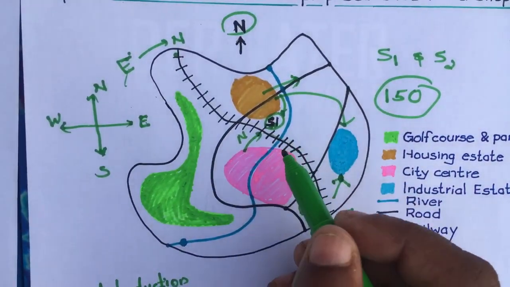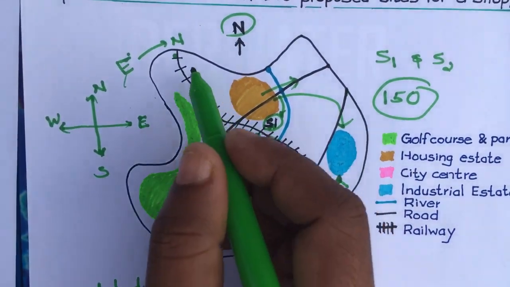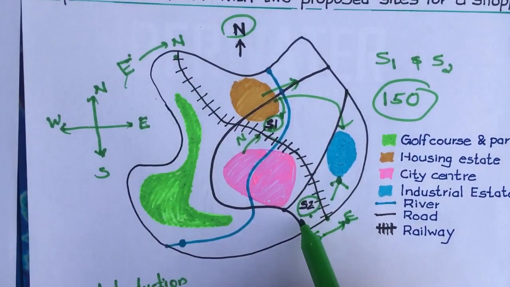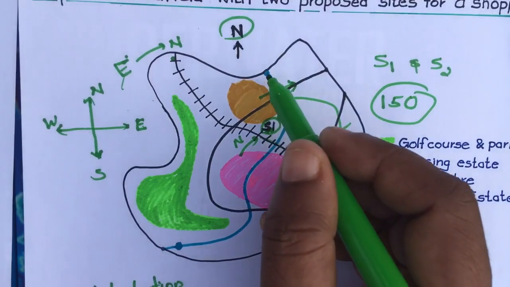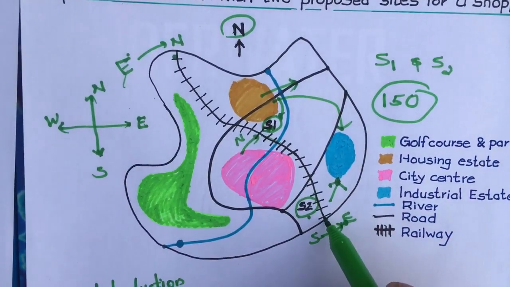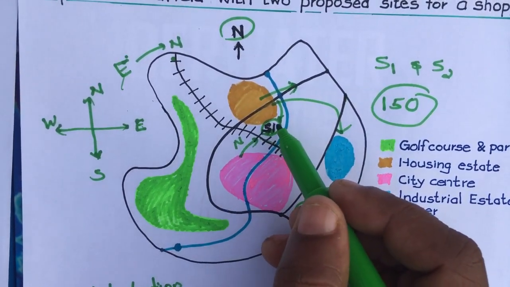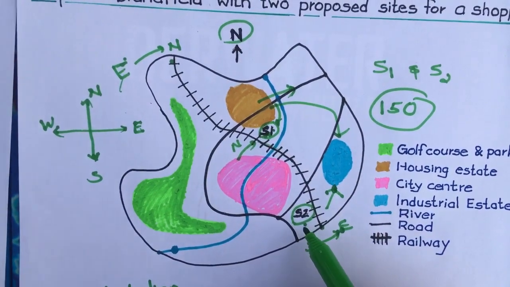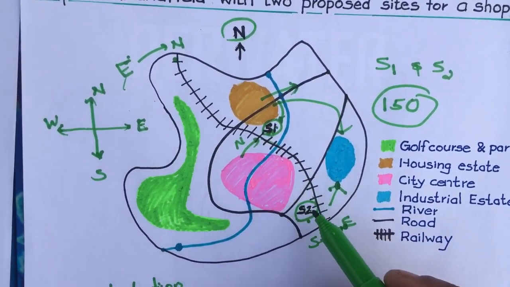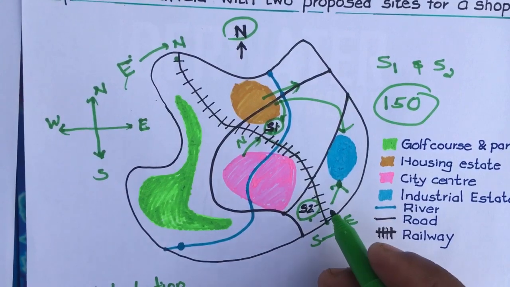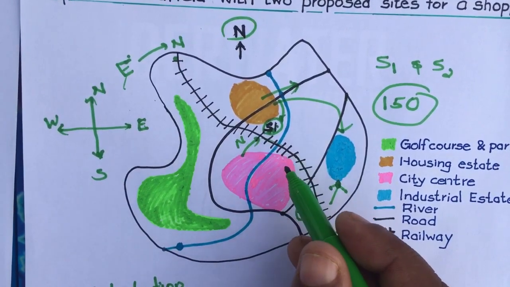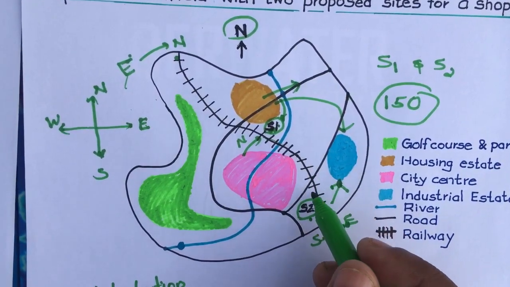This is the river. So you can access by road, by railway line, or by river. All these options are there. So even if it is kept over here or over here, it is really good for the people, right? For here, people have to travel much farther, but the traveling facilities are much better, right?